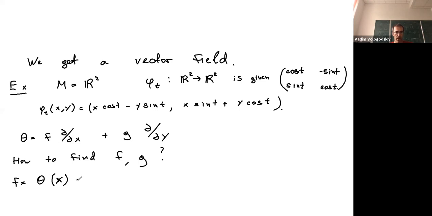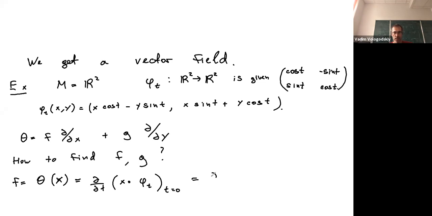So now let's plug in here. This we know how to compute. We have to take the function x, compose it with phi sub t, and then take d over dt at t equals 0. What is this composition? That's just this first coordinate here.